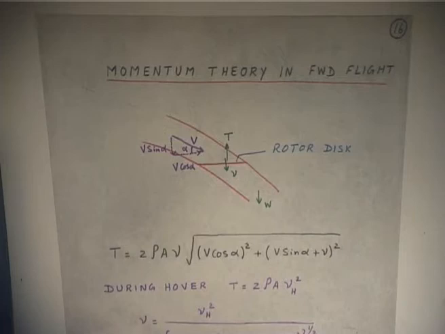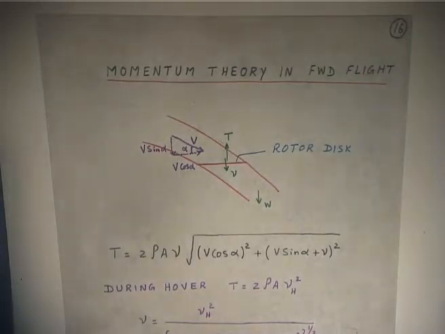This is all simple extrapolation of what was there in the hover momentum theory, only from analogy to fixed wing. Okay. This is where the ingenuity, or whatever you may call it, comes in. So, there is a lot of approximation even in this. Now, what is that approximation?